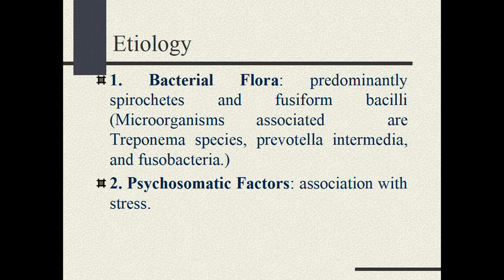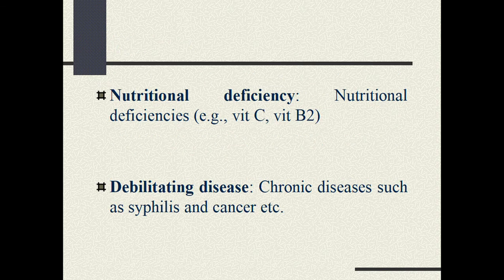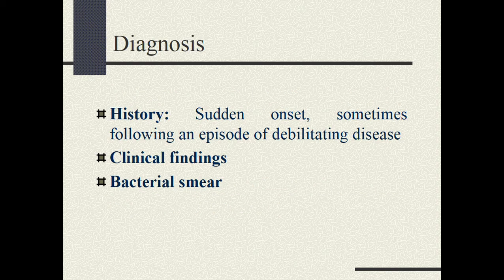Etiology: bacterial flora like spirochete and fusiform bacilli, and psychosomatic factors in which stress is an important point. Nutritional deficiency like deficiency of vitamins, and debilitating disease like chronic disease. Diagnosis is on the basis of history, clinical findings, and bacterial smear.